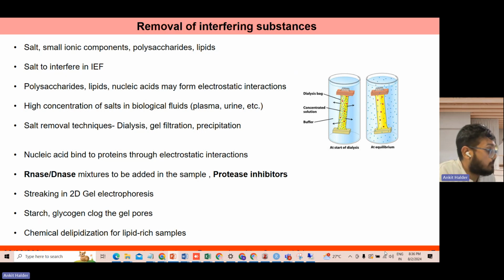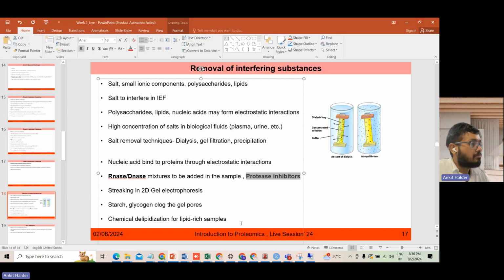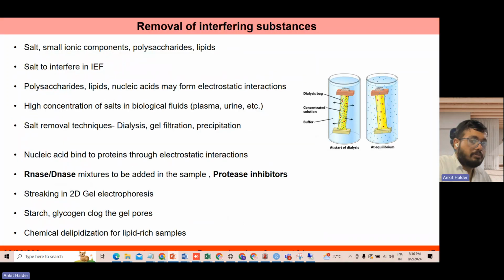Any polysaccharides which are bigger in size can clog the gel pores. Chemical delipidization is to be done for lipid-rich samples. For example, if you are using lipid-rich samples, then just dissolving using acetone or any organic solvent won't help you. Rather, you need to have a chemical delipidization.